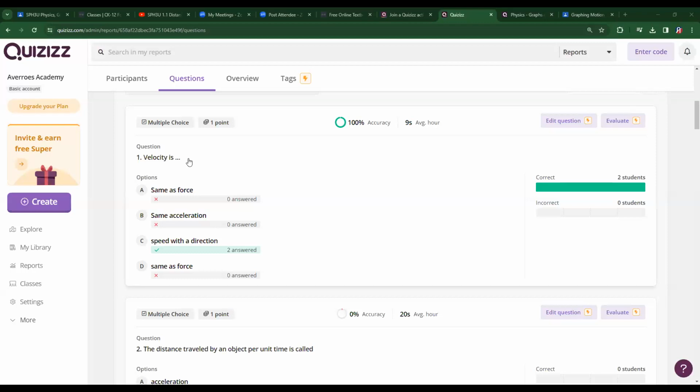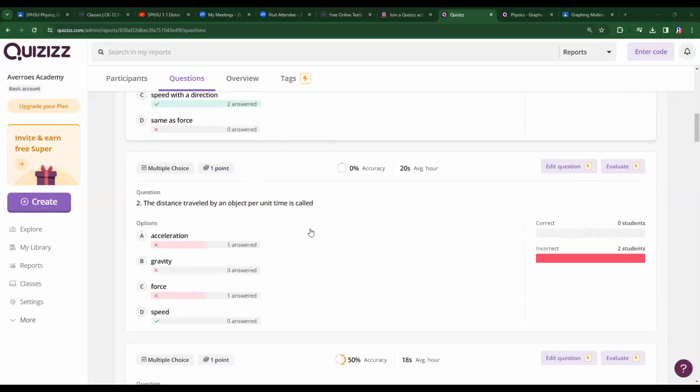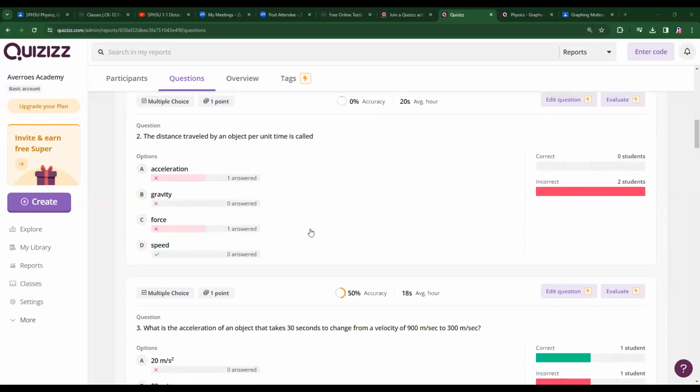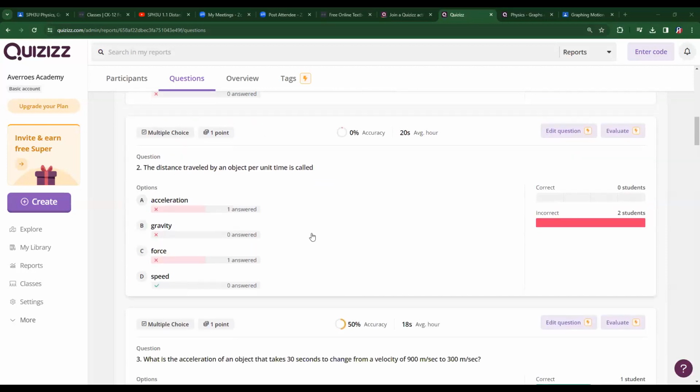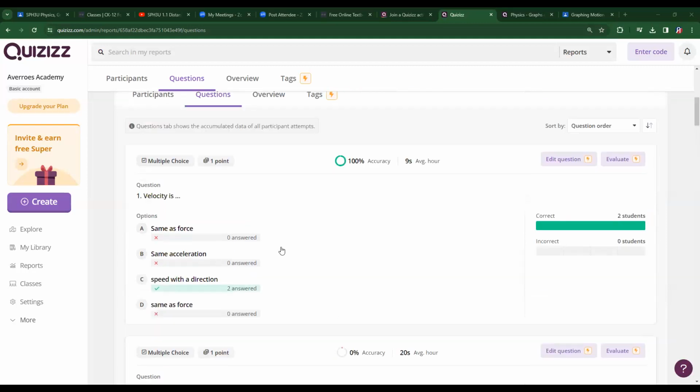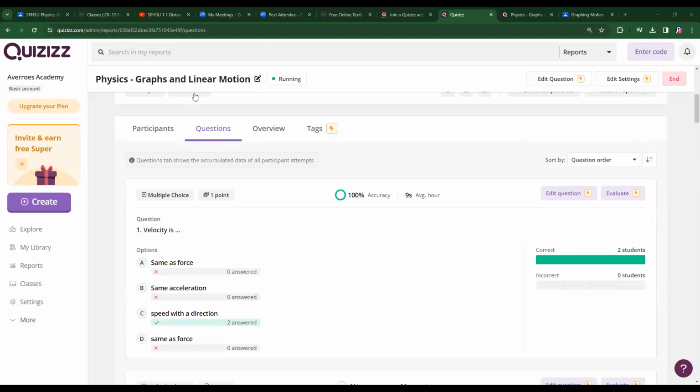Just one second. Graphs, linear motion, okay.